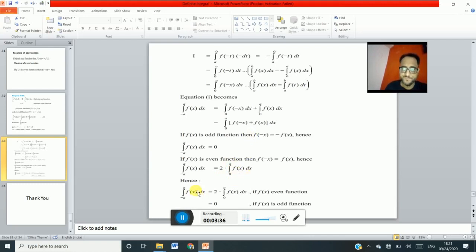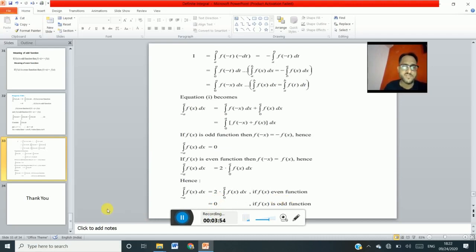Hence the integral from minus a to a of f of x dx equals 2 times the integral from 0 to a of f of x dx if f of x is an even function, and equals 0 if f of x is an odd function, right? So this is the last property of definite integrals.